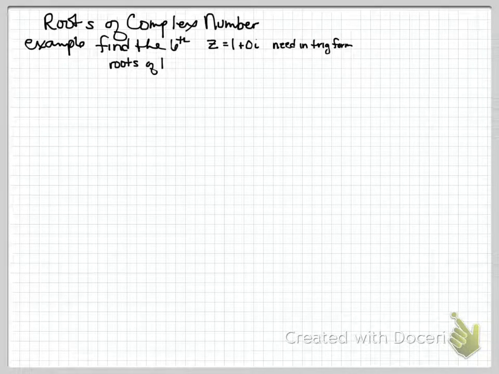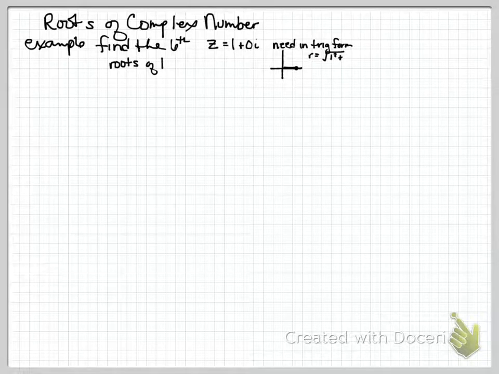If I have our graph, that means it is right here at (1, 0). r is going to be the square root of 1 squared plus 0 squared, which is just 1. And theta, we can see where it's located, is going to be 0.